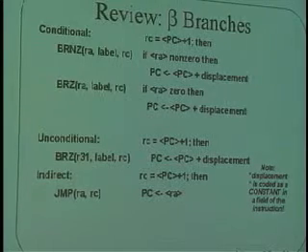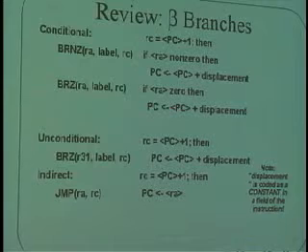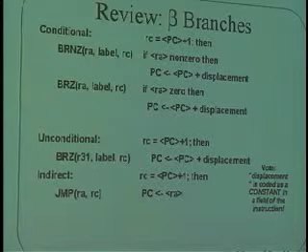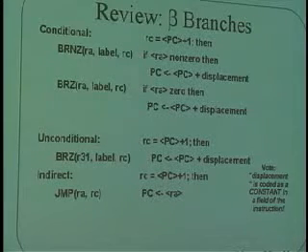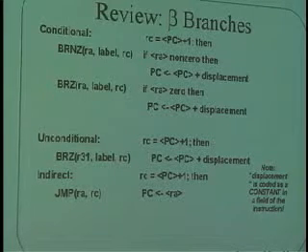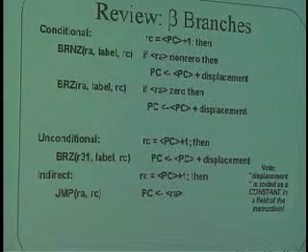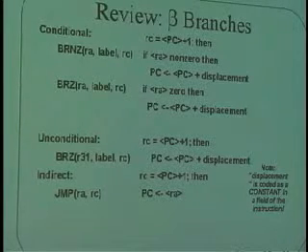In other words, we use the label that's in there as a displacement to the PC. Also, we save the next location to go to after the branch into the contents of register C. And if you remember, that's used for doing a subroutine call where we want to branch back, or jump back, to wherever we came from.